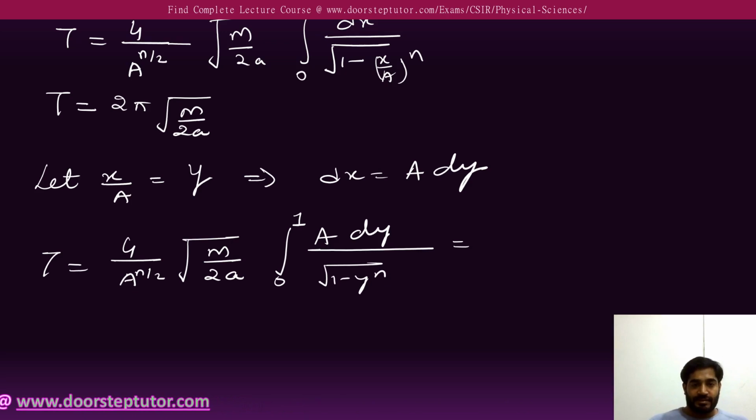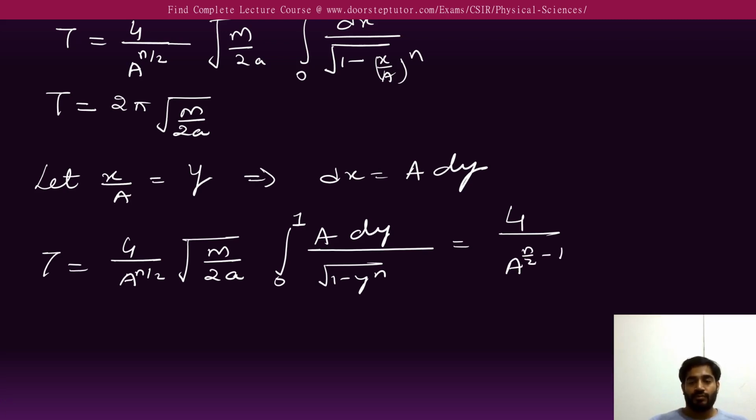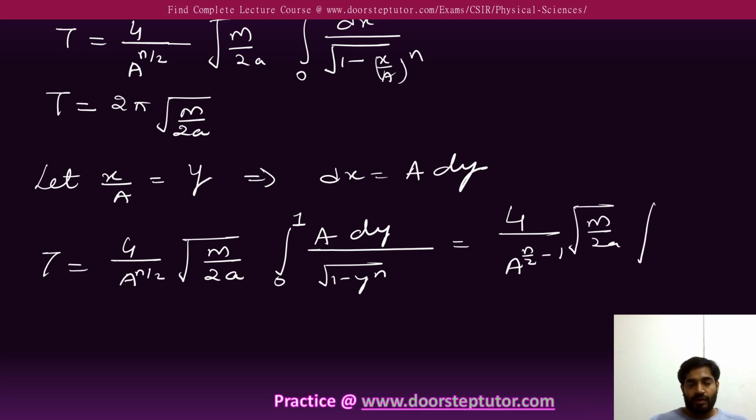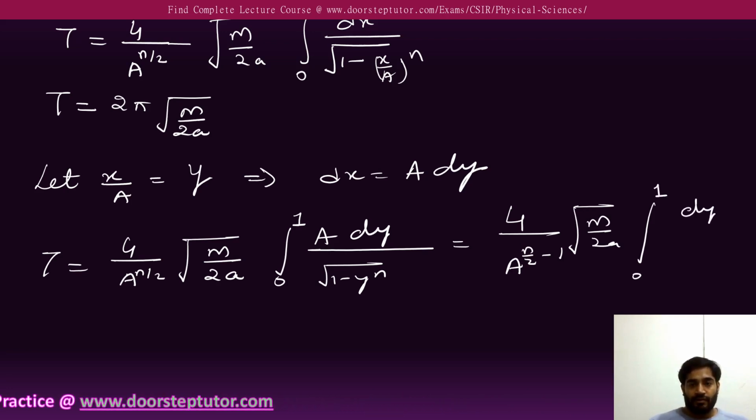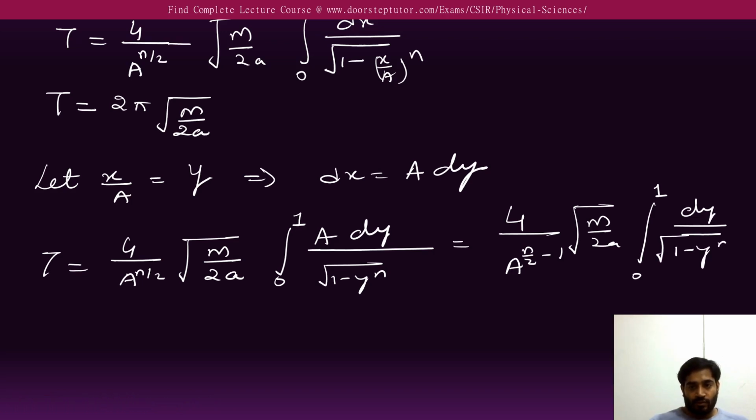If I adjust this, what I get is 4 over a to the power n by 2 minus 1. Clear? This is simple, into root of m by 2a, integral from 0 to 1 of dy over root of 1 minus y to the power n. This is what we got.